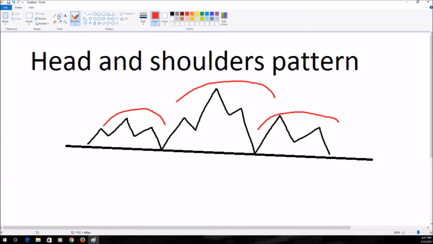Usually what happens, the price breaks down below the neckline.